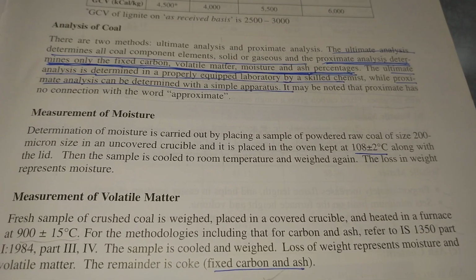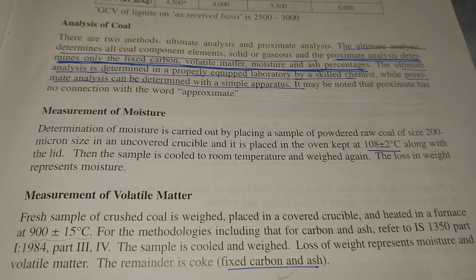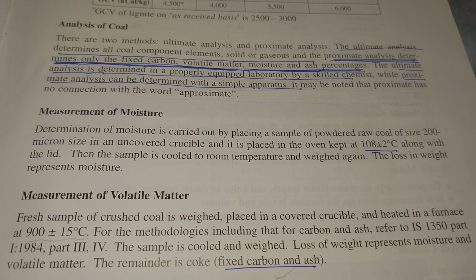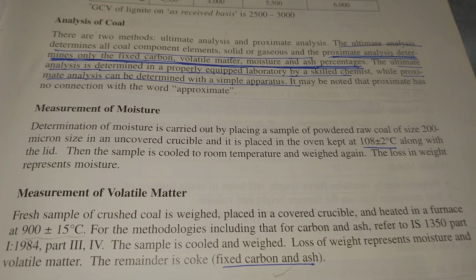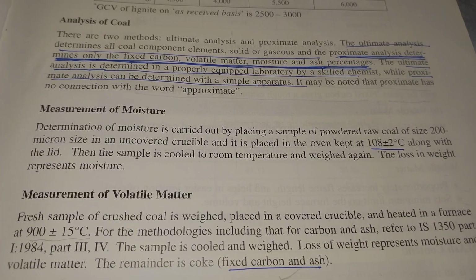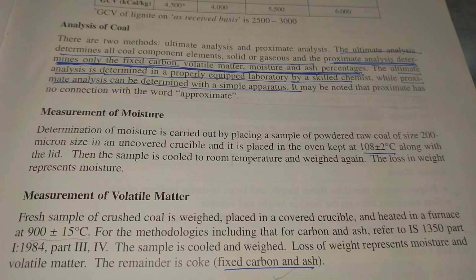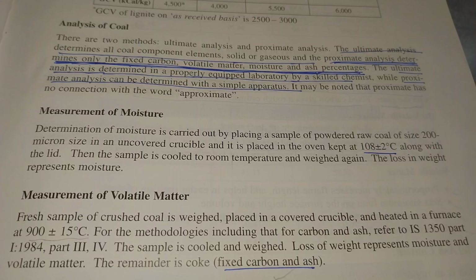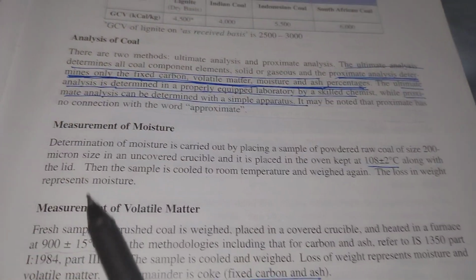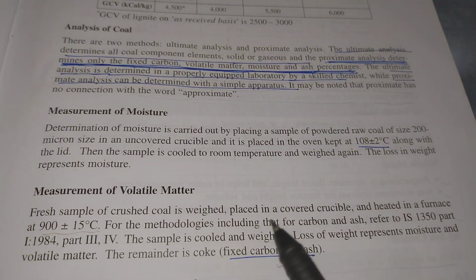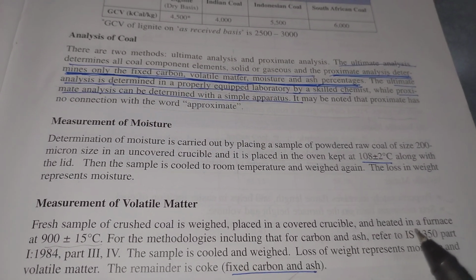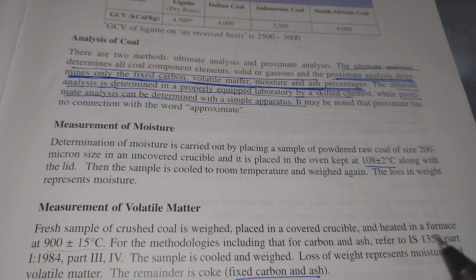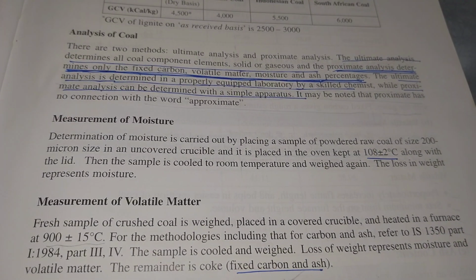Measurement of volatile matter. Fresh sample of crushed coal is weighed, placed in a covered crucible and heated in a furnace at the temperature of 900 plus minus 15 degrees centigrade. For the methodologies, including that for carbon and ash, IS 1350 can be referred.